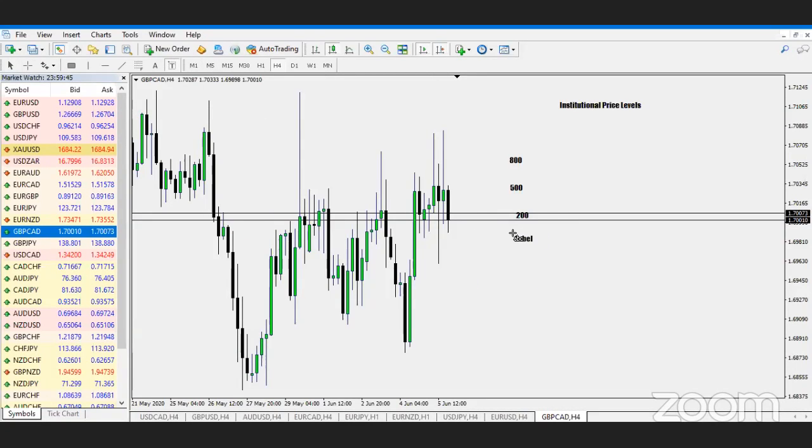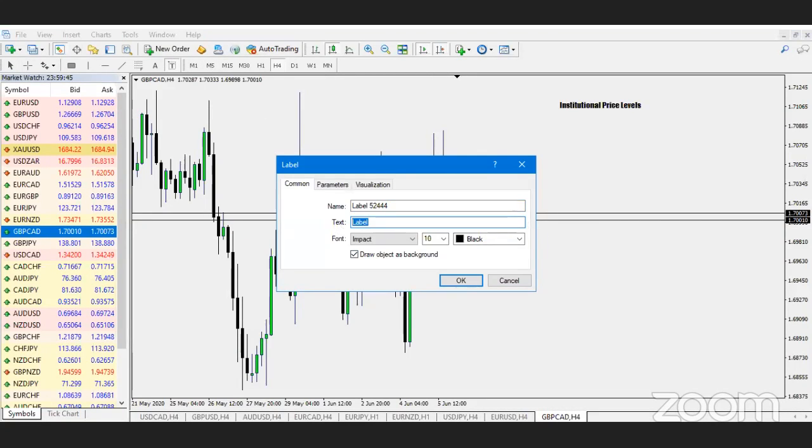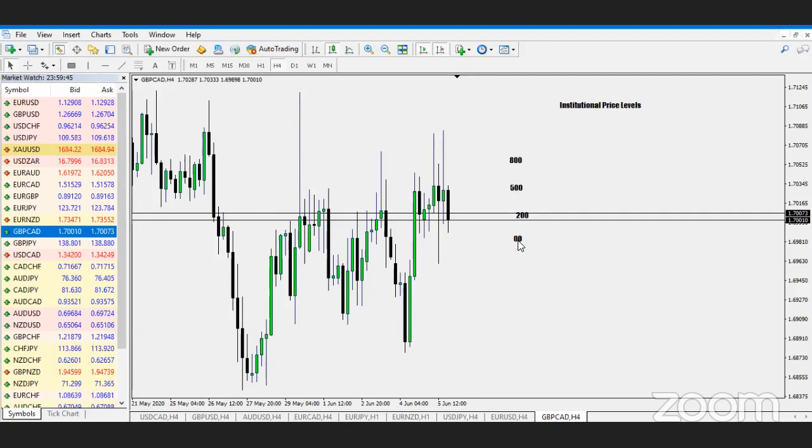These price levels are basically the mid figure, and they call it the 800, the 500, the 200, and then you could call it the round number. There are other names for these numbers, but these are essentially the institutional price levels.